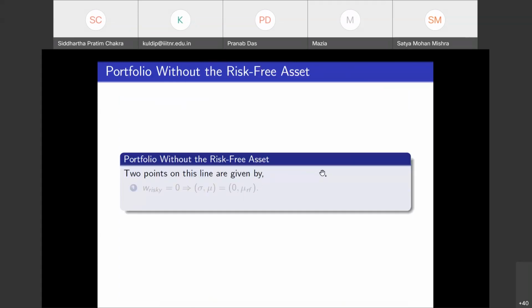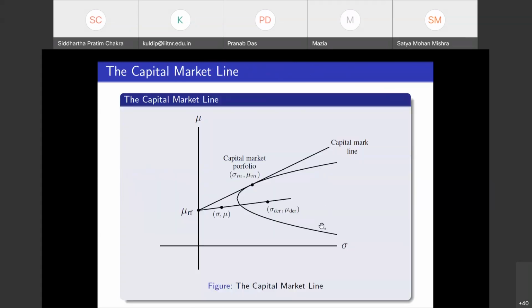So in order to sum this up, what does this mean? This curve that you have is basically the original Markowitz bullet, and this is the original Markowitz efficient frontier. And this point which lies here is a part of the Markowitz bullet which involves only risky assets.